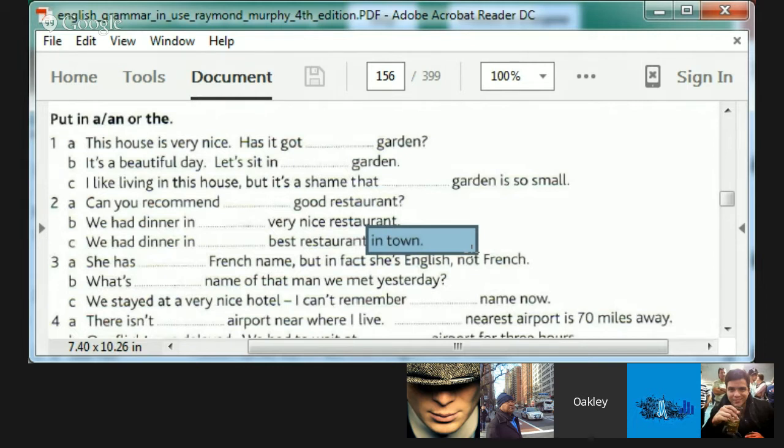Okay. It's a little complicated. We had dinner in the best restaurant in town. Basically, when we use place, there's two ways to think about this.